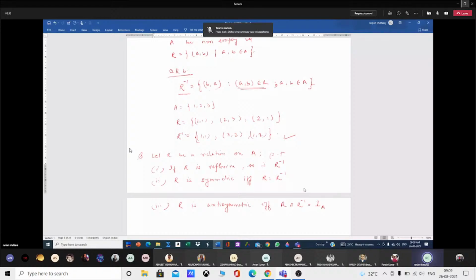What is the meaning of I_A? It is simply the relation that contains all the elements (a, a), where a belongs to A. This is your I_A.